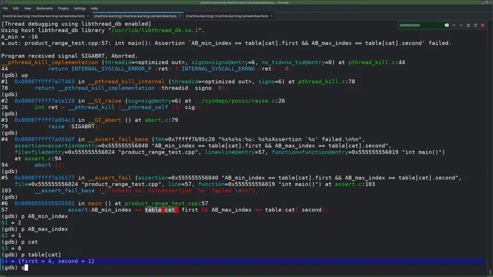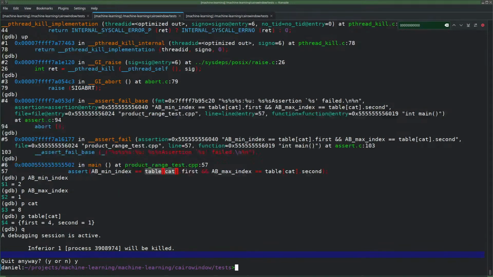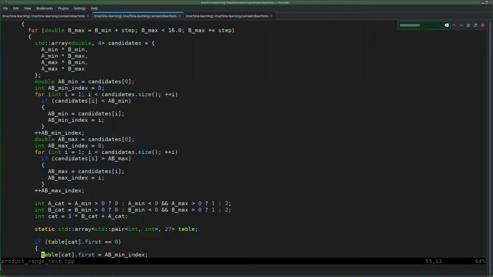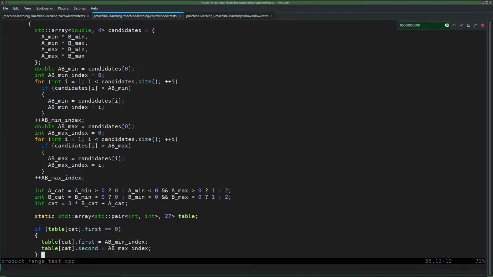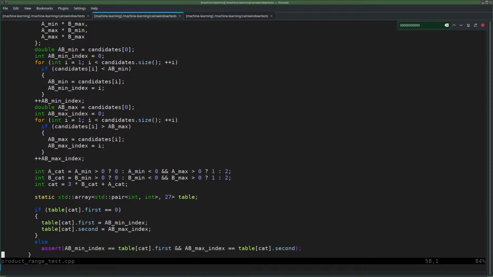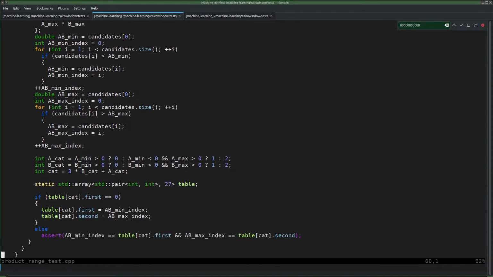Am I coding something wrong, or is it just not true what I assumed? I need more debug output.